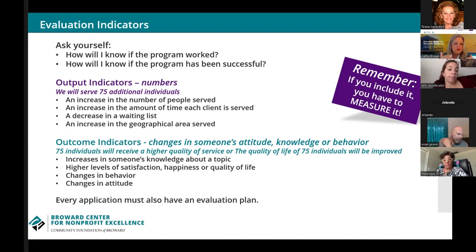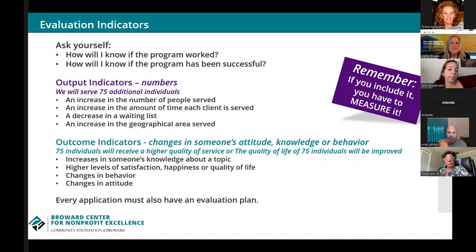Maybe you're doing some internal training with staff members, and 25 staff members participate in the training, and as an outcome of that, the individuals who are coming for services are getting a higher quality of service. You'll know that because in their surveys at the end of their treatment, they're reflecting that they're satisfied at a higher level with their services or something like that.